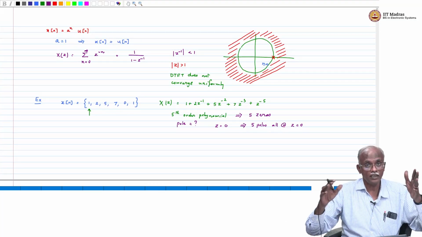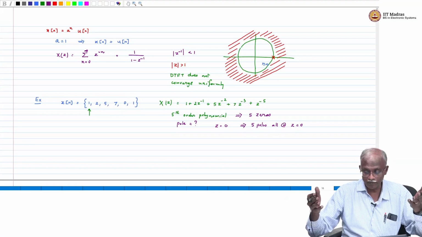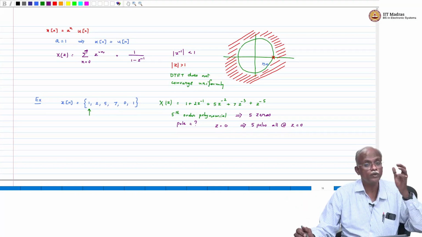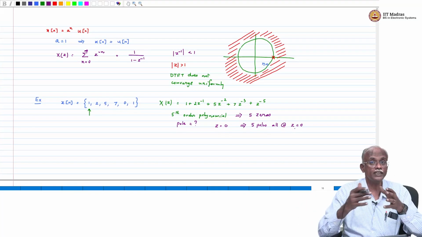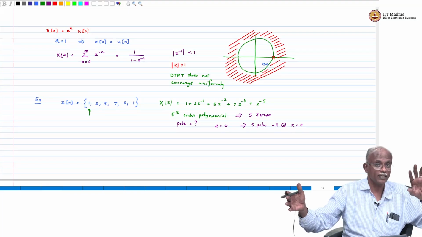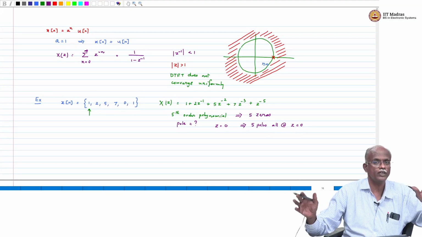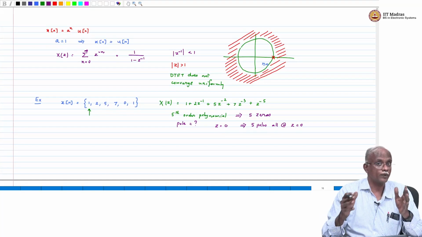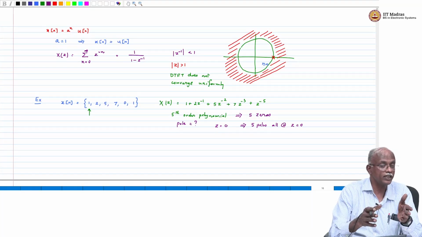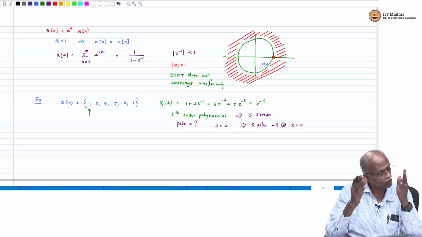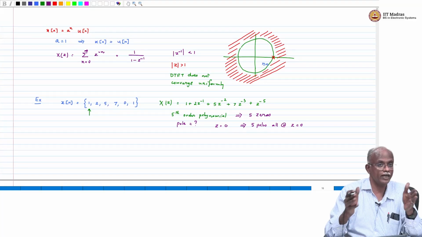And the only possible poles that we can run into are at Z equal to 0. So, the region of convergence is the entire Z plane, possibly with the exclusion of Z equal to 0. So, the question that arises is, is the unit circle included in the region of convergence? Always yes, when it is a finite length sequence.